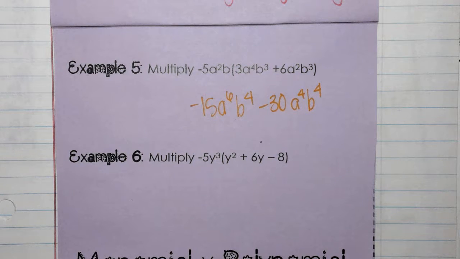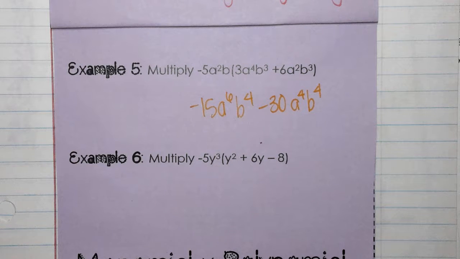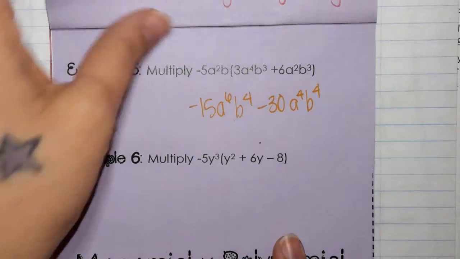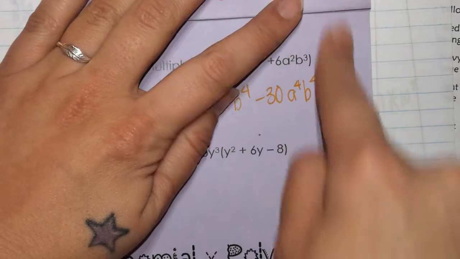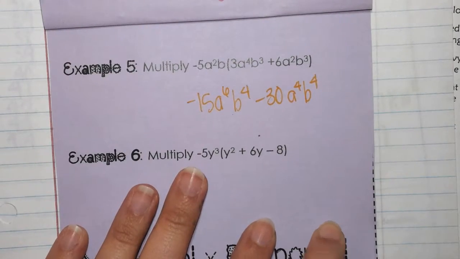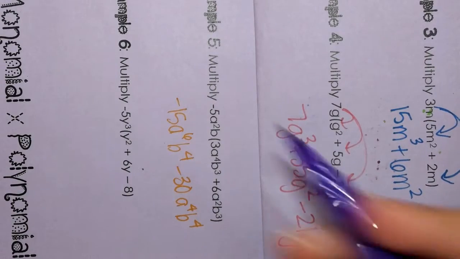So when you multiply the negative 5 times 3, and then the negative 5 times 6, and then we just add the exponents. Just like we wrote up here, add the exponents, multiply the coefficients, that still holds. So we're going to write that over here. Okay. So turn your paper, everybody.